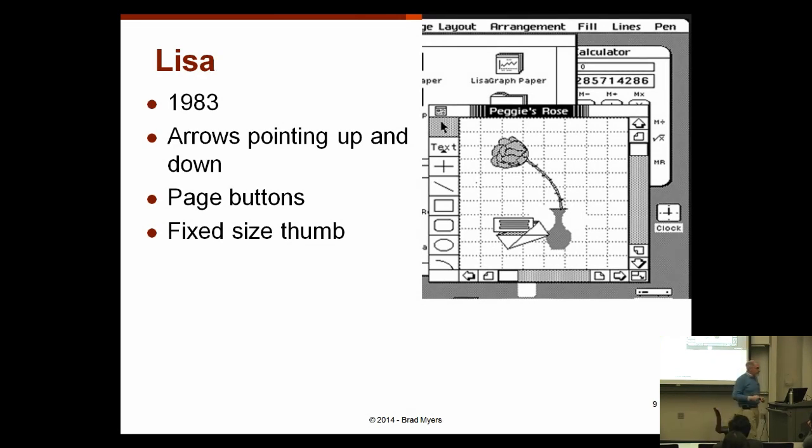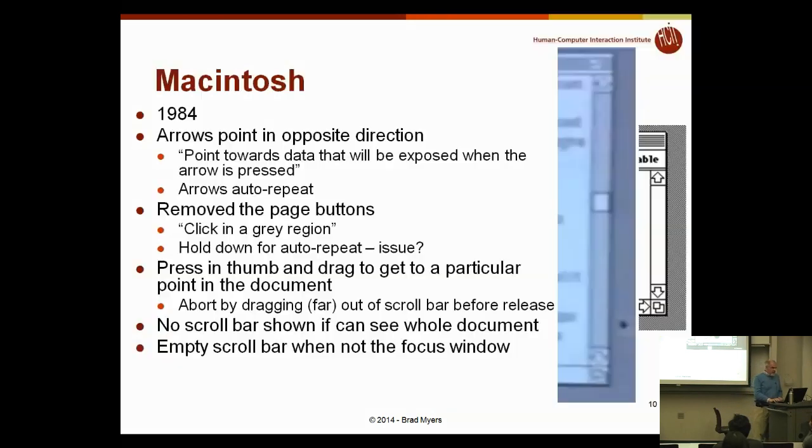In the Macintosh, you remember the Macintosh had a much smaller screen. So they decided that the page buttons were just taking up too much space in the scroll bar, and they wanted to come up with a way of letting you scroll by pages. But most people didn't have very big documents at the time, so scrolling by pages wasn't that important. You remember we had these really tiny screens. So first of all, these auto-repeat when you push on them.